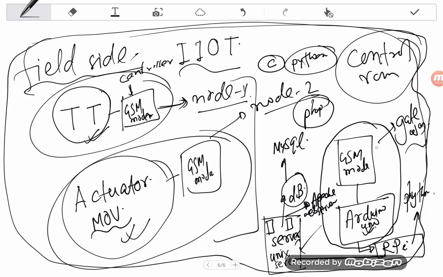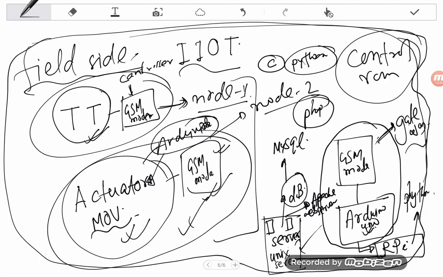The Arduino sends this command to the GSM modem, which is the gateway, and through ISP communication it reaches the GSM modem here, and the GSM modem sends the command to the Arduino. There is one more Arduino here. It sends the command to this actuator. So this can be an actuator open command or actuator close command, and so on.